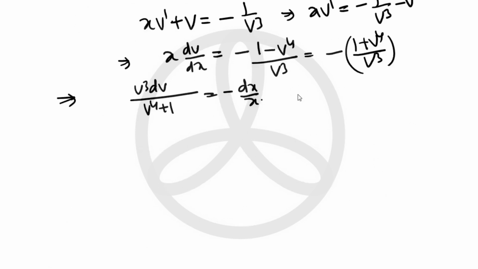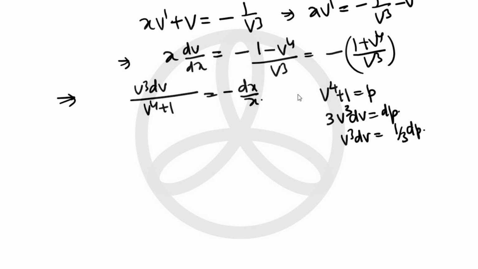Now again let us assume v to the power 4 plus 1 is equal to p. We get 4 v cube dv is equal to dp, or v cube dv is equal to 1/4 dp. Okay, and here we will get just p. So this will be 1/4 dp over p, and this is minus dx over x.